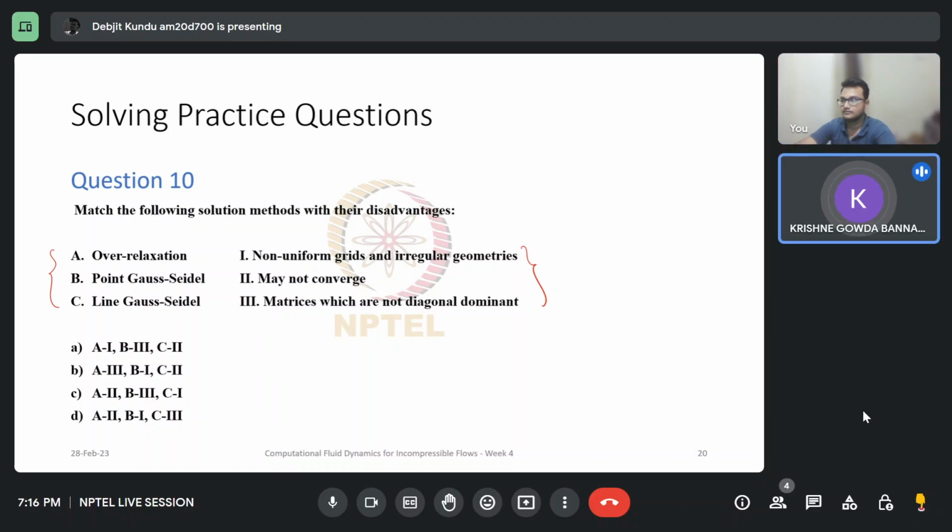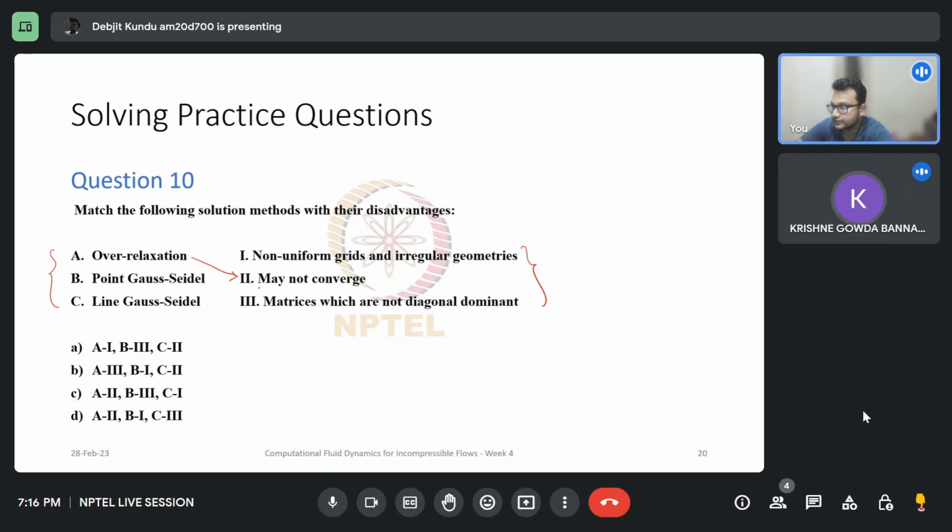May not converge. So just now, let's have a look at the last one, line Gauss-Seidel. This is something which we looked at in one of the earlier questions. What is the disadvantage of line Gauss-Seidel? In one of the earlier questions we looked at, C2.